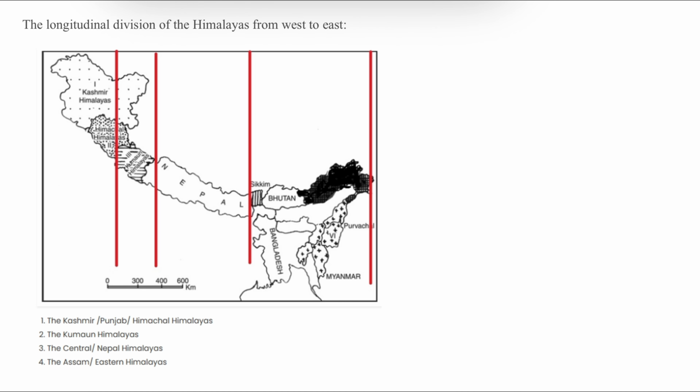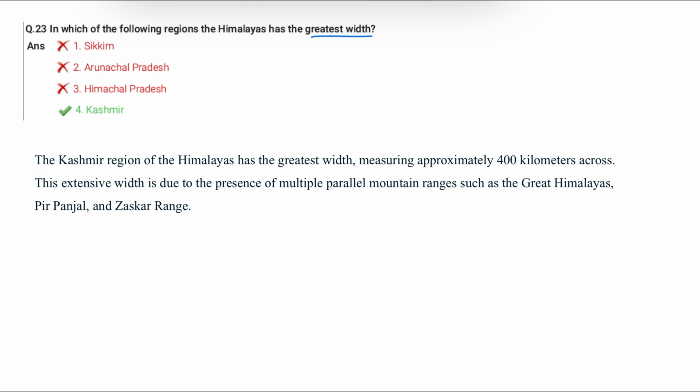Here, the image depicts longitudinal division of Himalayas from west to east, where range of the width of Himalayas is maximum in Kashmir. That is option 4.